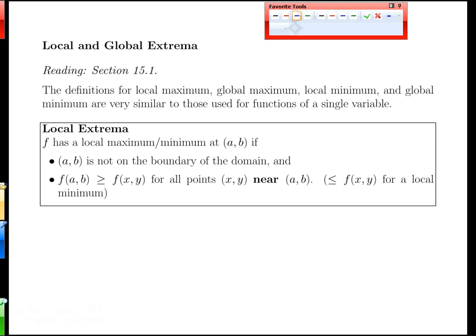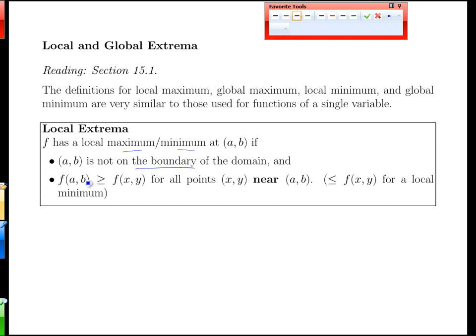So again, there are so many references back to our first term. We're going to be distinguishing between local extrema, local maxima and minima, and global. So a point will be a local extremum, max or min, if it's not on the boundary. So again, we're going to throw away boundary points as local extrema.